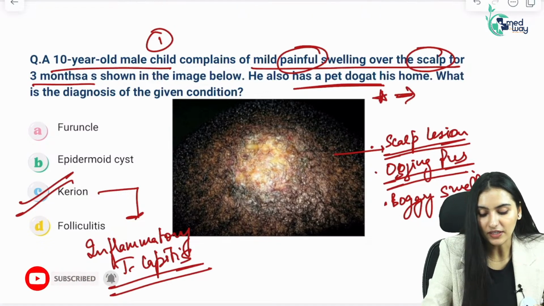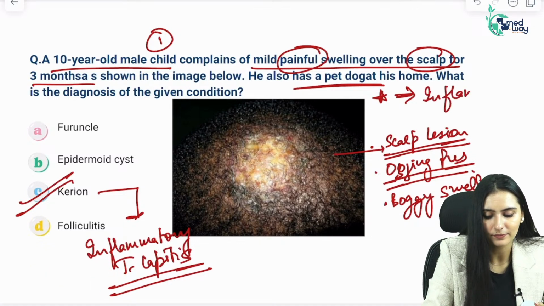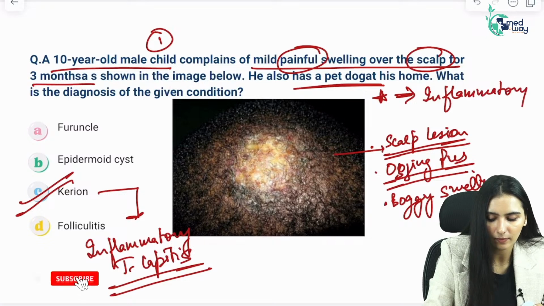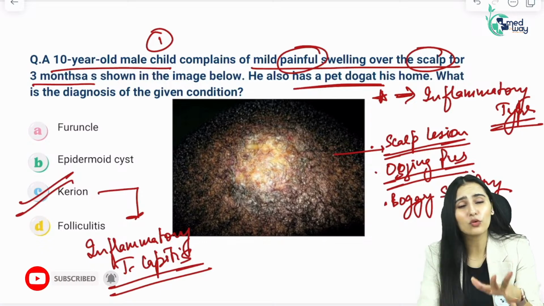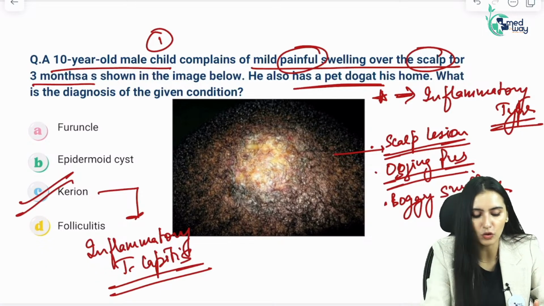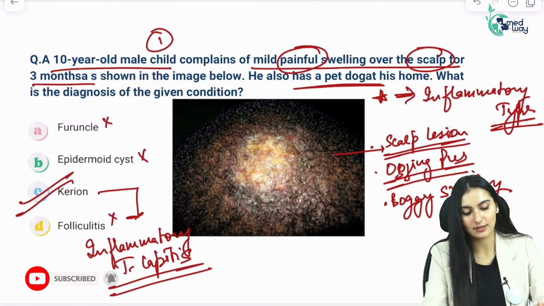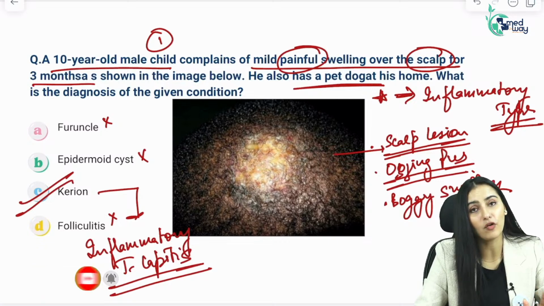Because the tinea that you get from animals is an inflammatory type. Even if you don't know that a pet dog gives you an inflammatory type of tinea, it is not required. You just look at it. It does not look like a furuncle. It does not look like an epidermoid cyst or folliculitis. What is folliculitis? A single hair follicle is involved.